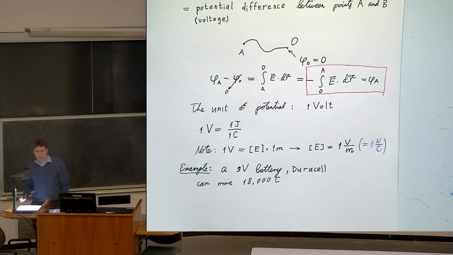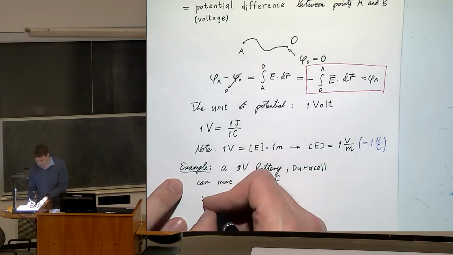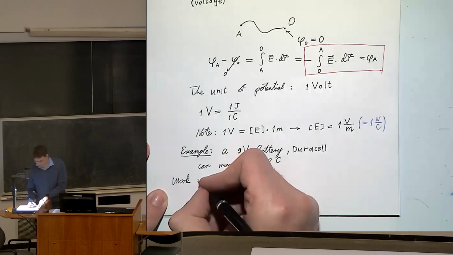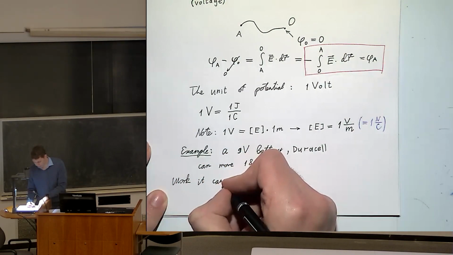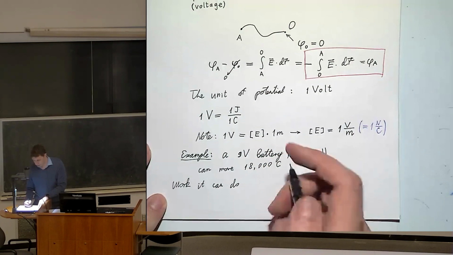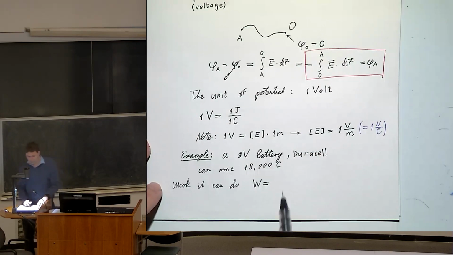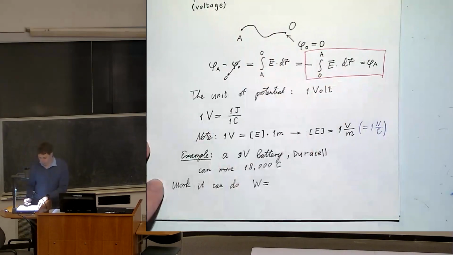And we can tell how much work it does, because the potential difference is the work divided by charge. So the work it can do equals the product of charge and potential difference.